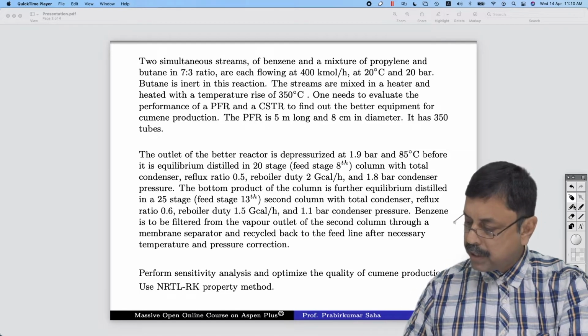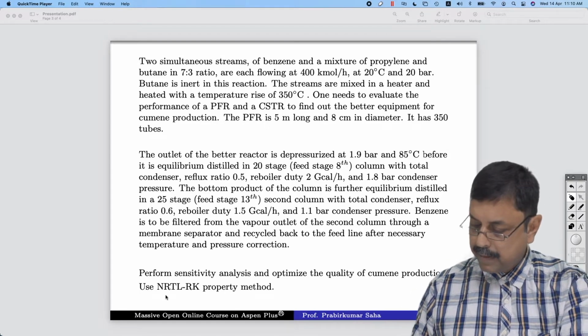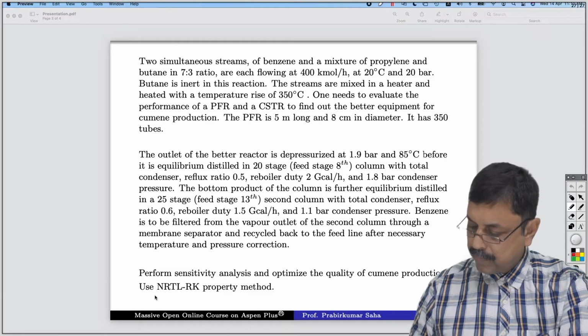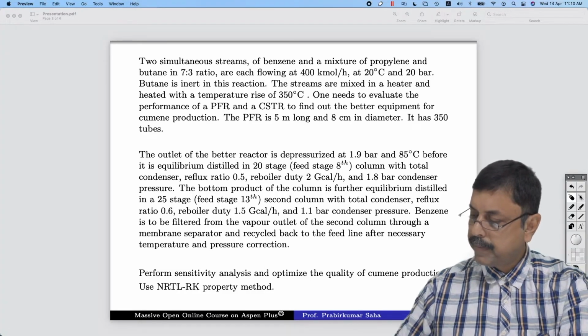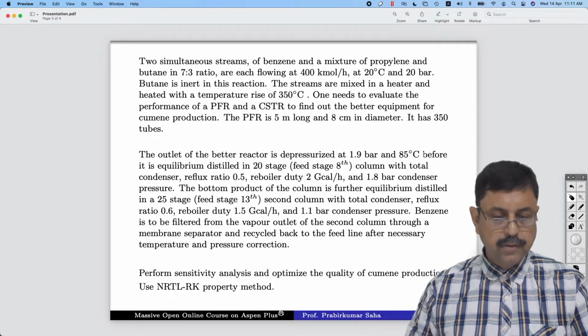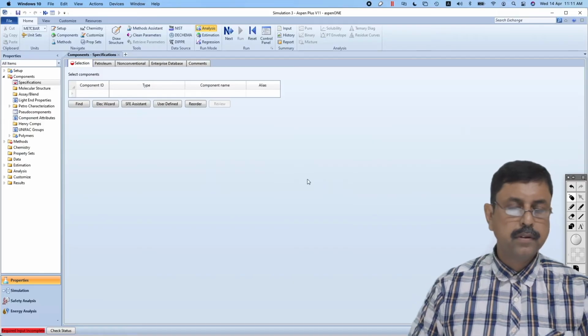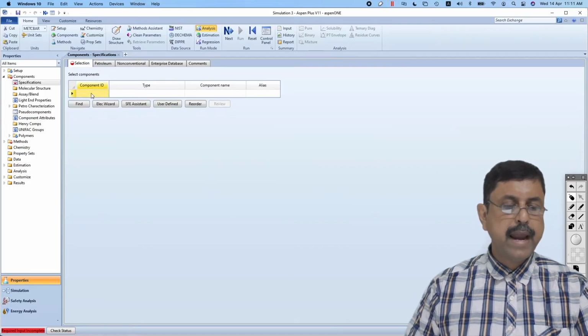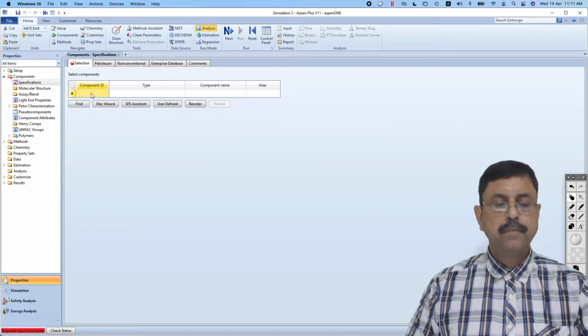And one more information that we have to remember, we are supposed to use NRTL-RK property method. So we have to add the components.